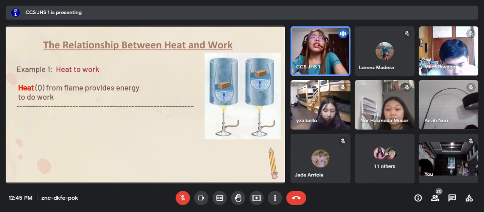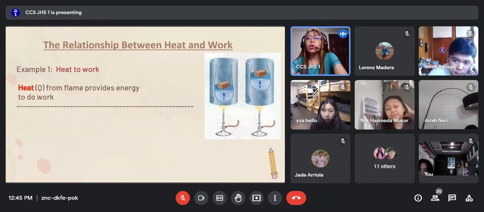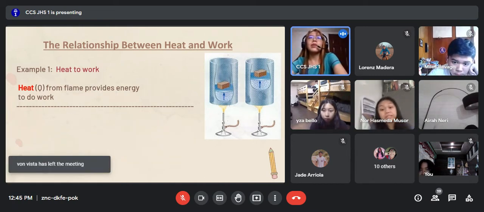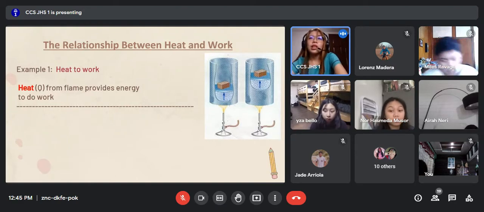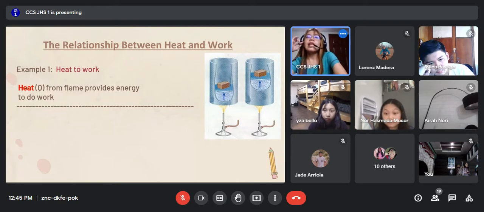An understanding of the relationship between heat and work gradually emerged in the 18th and 19th century. It was James Prescott Joule who discovered this, that heat can be reversed to work and work to heat. James Prescott Joule was a British physicist and at the same time a brewer.